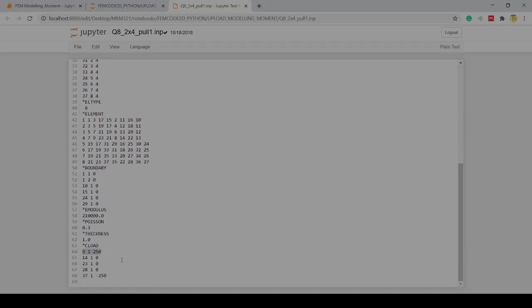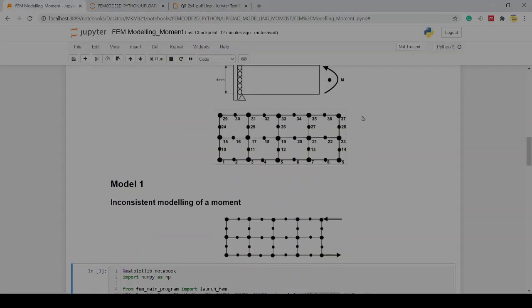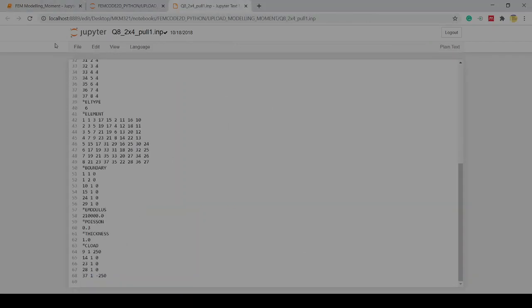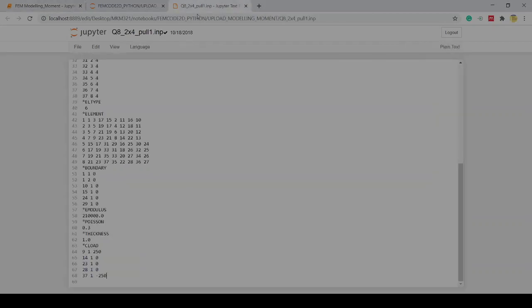And here I've applied a 250 and a minus 250. Let's make sure that it's at the right nodes. The top one is going to be in the negative direction, and that's at 37, so that's minus 250. Then I expect to see a pulling, positive, at the bottom at 9 in the x direction, so 9 in the x direction of 250.